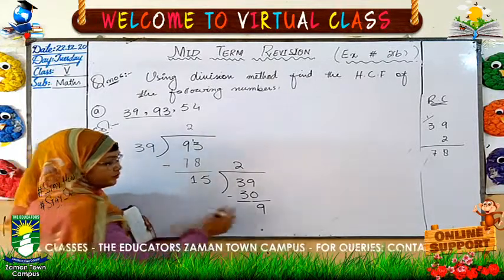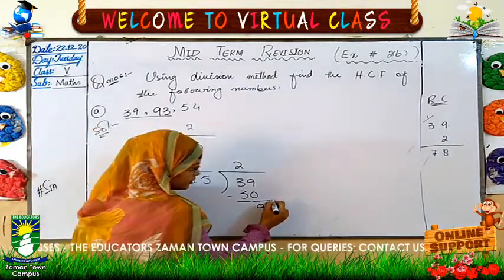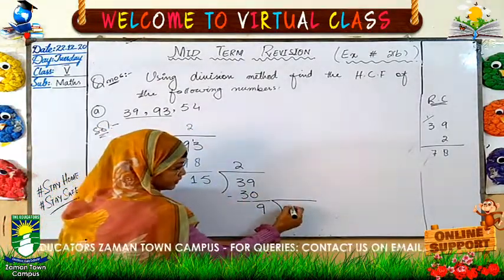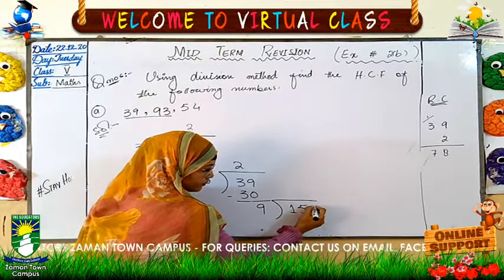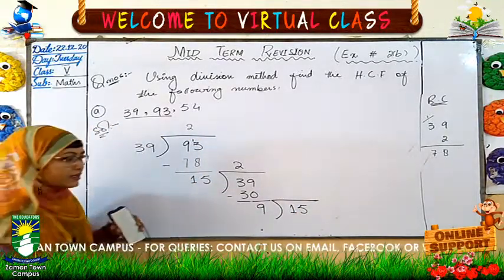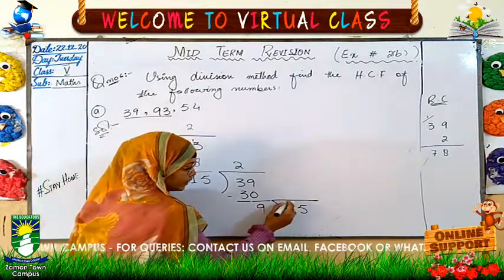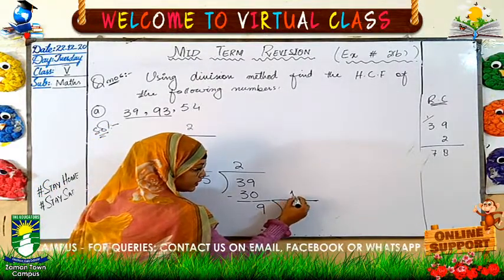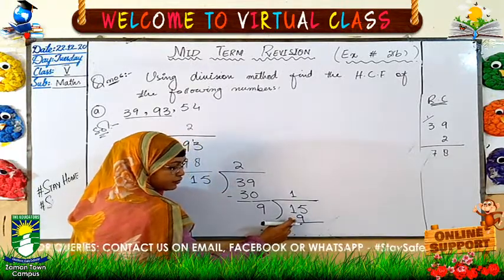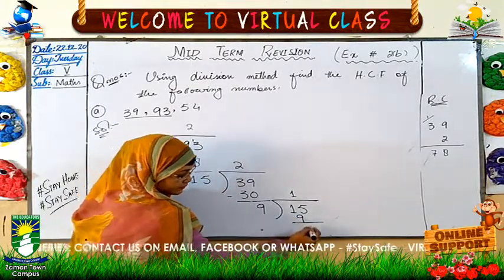So what we will do? We will again switch the question. This 15 will come here. Okay. Now 9 ones are 9, 9 twos are 18. So what we will do? We will take 9 ones are 9 and then we are having 15 minus 9 will be equals to 6.